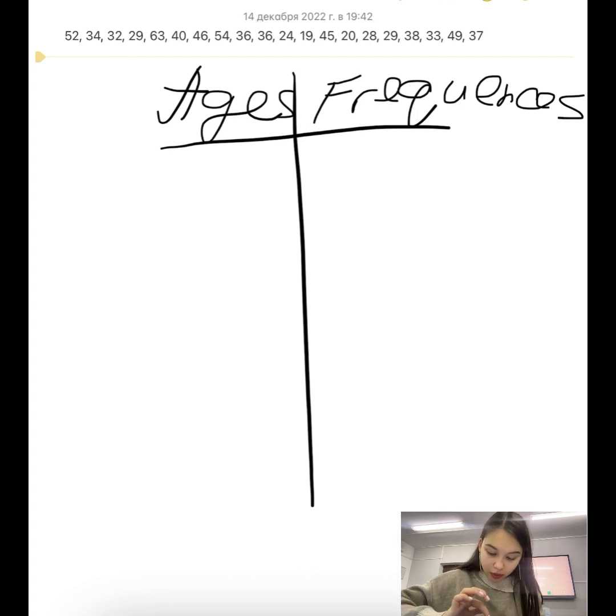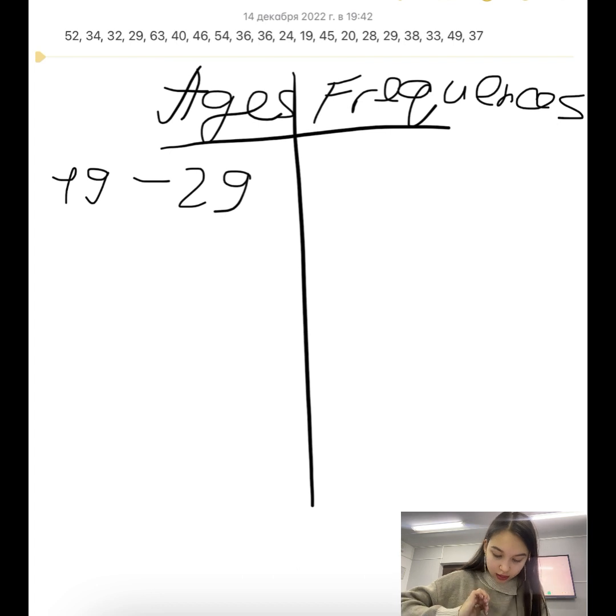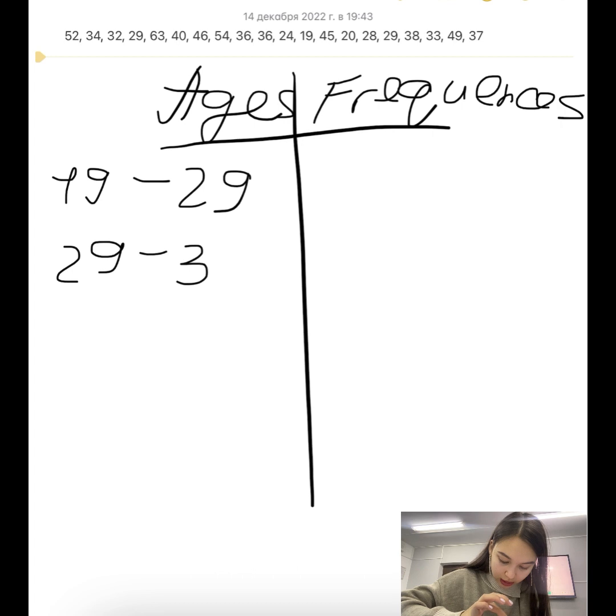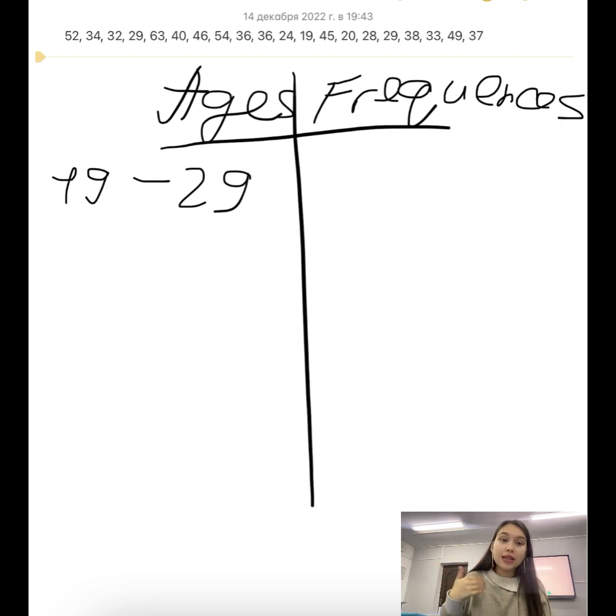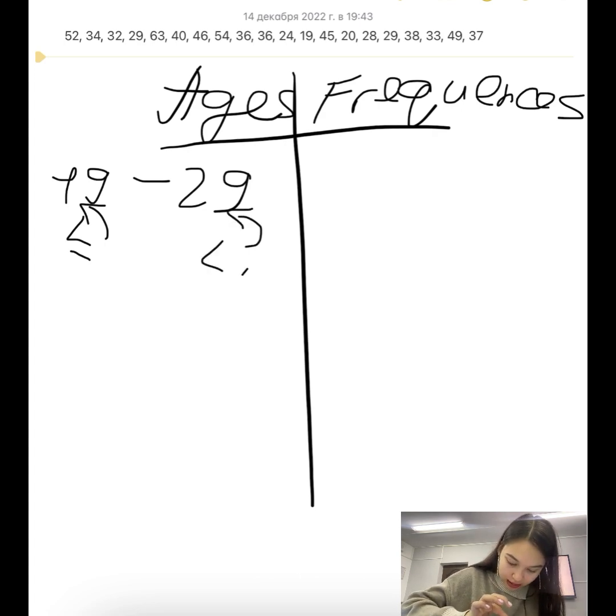You have to comprehend that when we write such intervals, this end is included, but this end is not included.